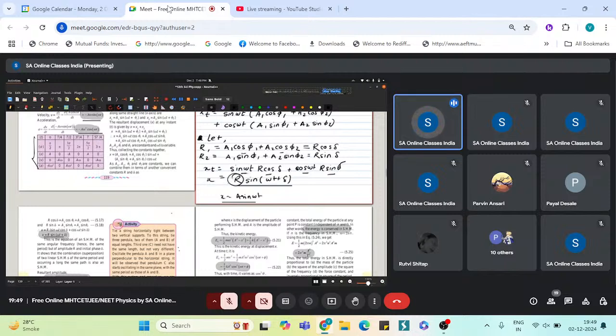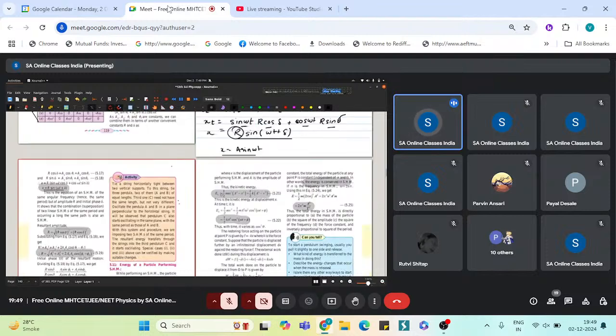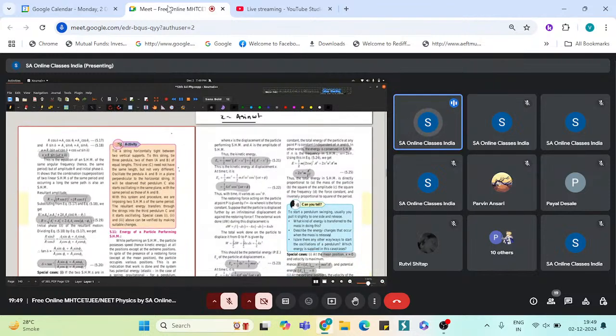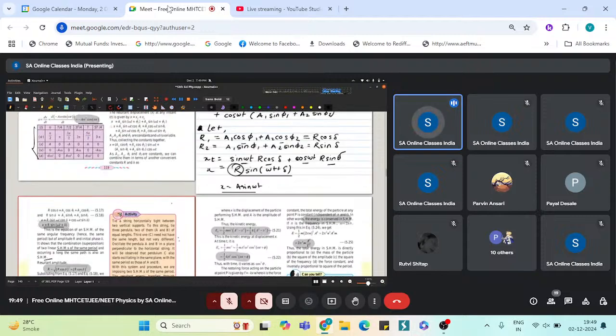So the resultant motion of this whole system is also SHM with the same period, and the amplitude of this motion will be given by R, and R is defined using these two components. So R1 and R2 are essentially the cos component and sine component of R.